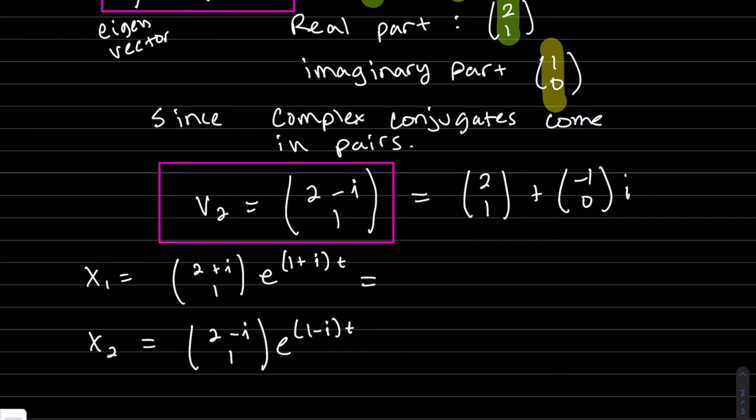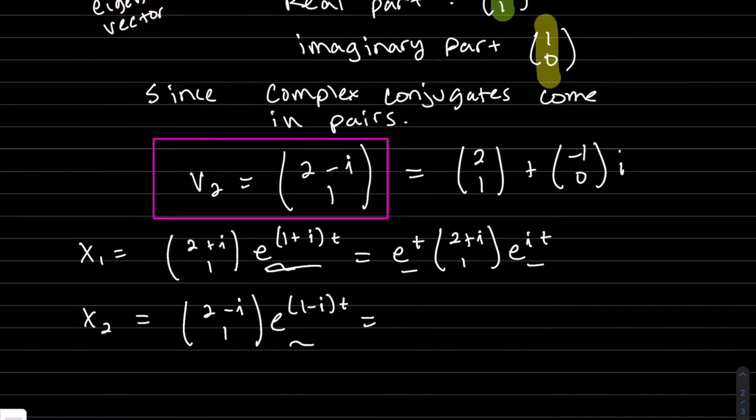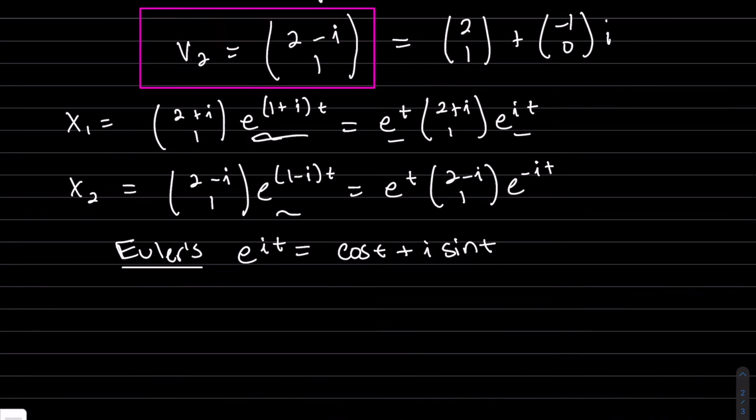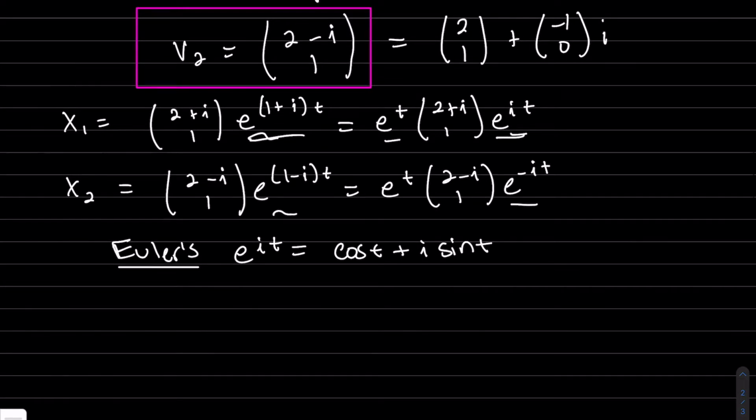So simplifying this a little bit, this right here. So just breaking up the 1 plus it. And if you recall Euler's, we're going to use that here and here, and adjust it for the second one, of course.